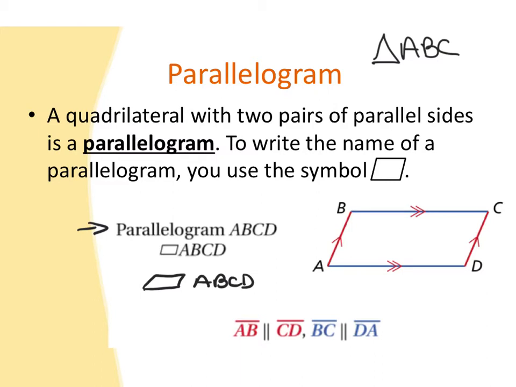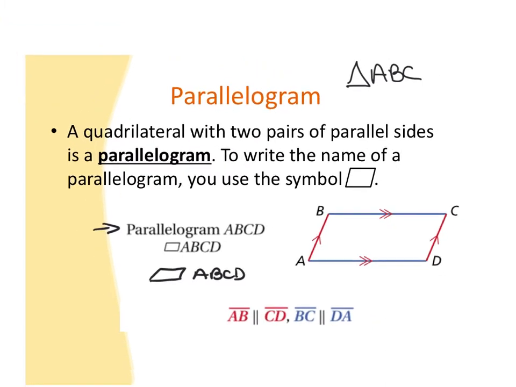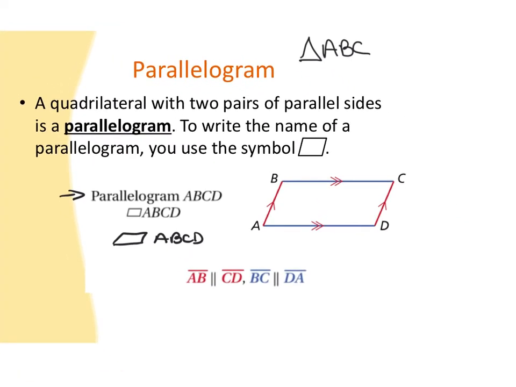Technically, it doesn't matter what letter you start with, but you do need to go in order around the sides of the parallelogram. What I mean by that is this same parallelogram that they're calling ABCD, I could also start with, say, letter B and call this BCDA. So go from here to here to here, or I could go in reverse.